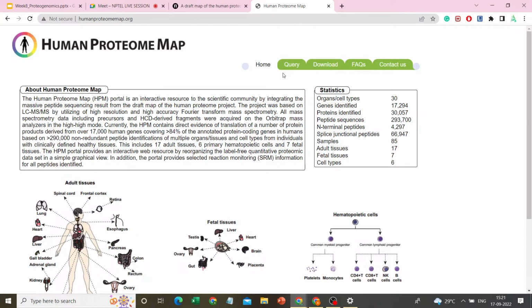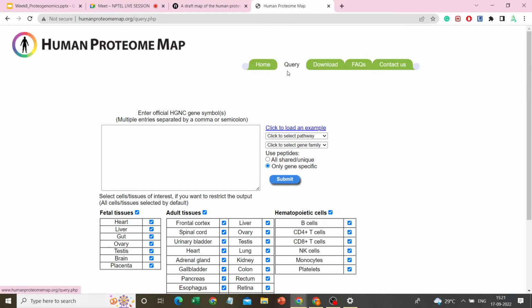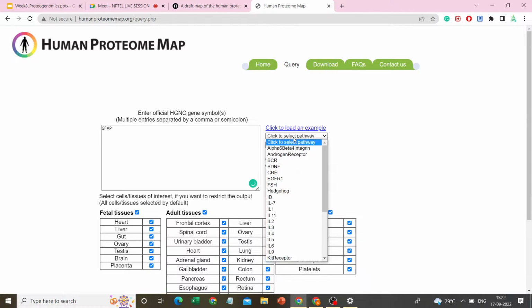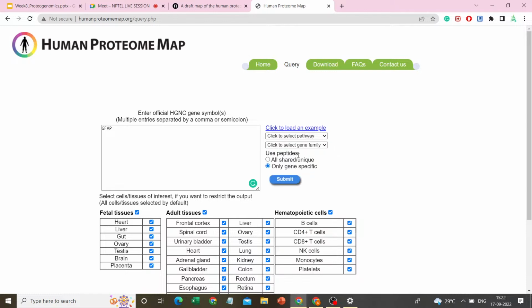If you want to search for any protein and its expression, its mass spectrometry based identification and its expression in a particular tissue, for example, you want to find the basal level expression of the GFAP gene, you can select your pathways, select the gene family. Firstly, let us look at an example.